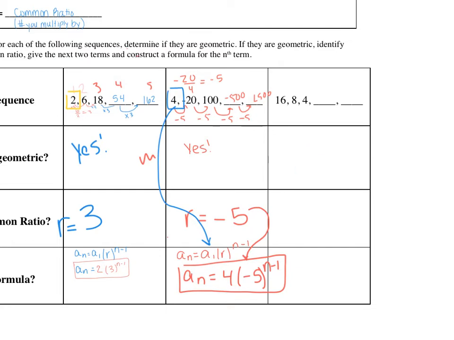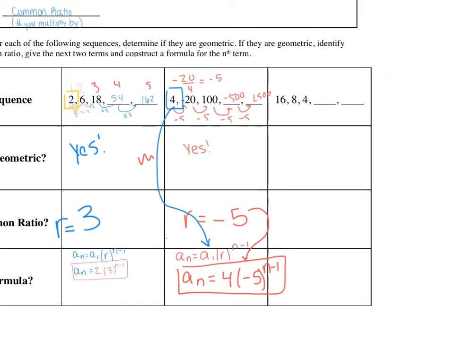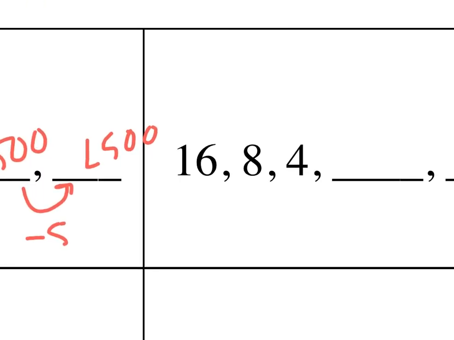Okay, so with this example, we ask ourselves this to find our next 2 terms. We always take our second term, in this case the 8, and we look to see 8 divided by 16. If you do this on your calculator, you should get 1/2.